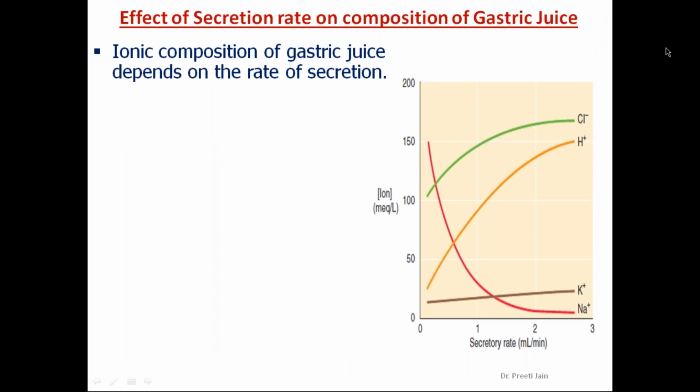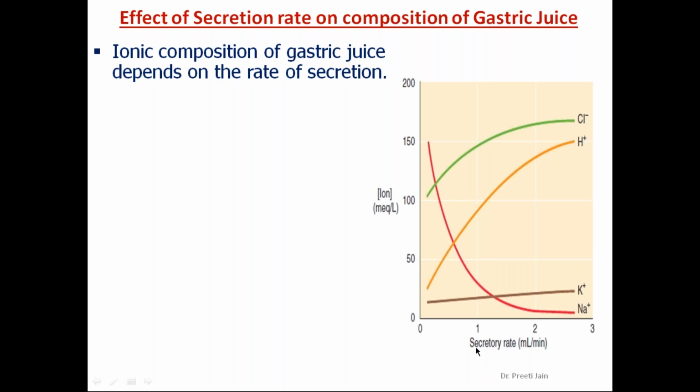So this is a graph which is showing you the effect of secretory rate on the composition of gastric juice. Here it is showing the composition of 4 ions, which are the main ions present in the gastric juice. So the ionic composition of gastric juice depends upon the rate of secretion.